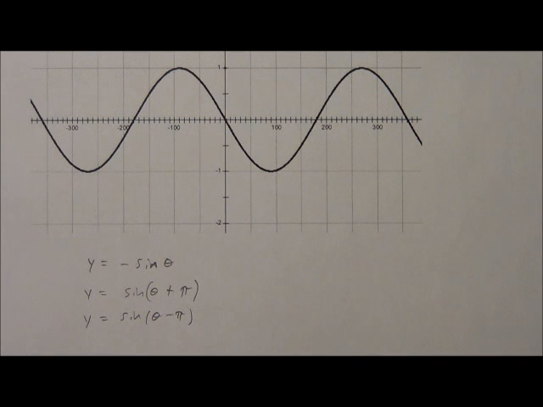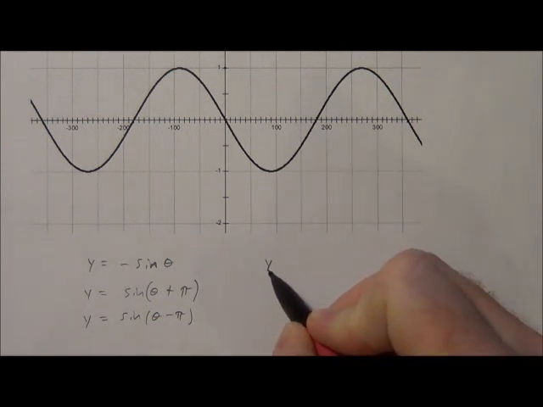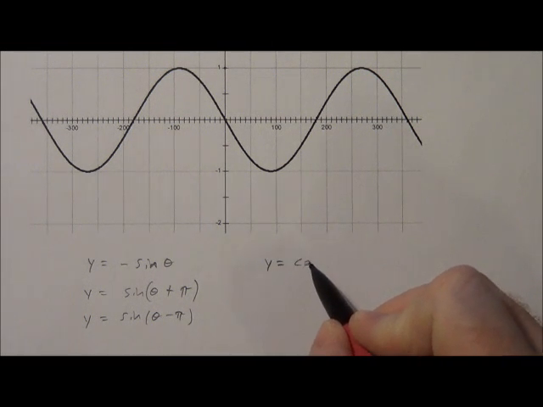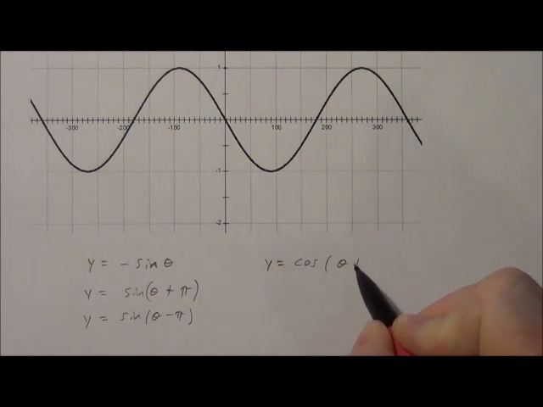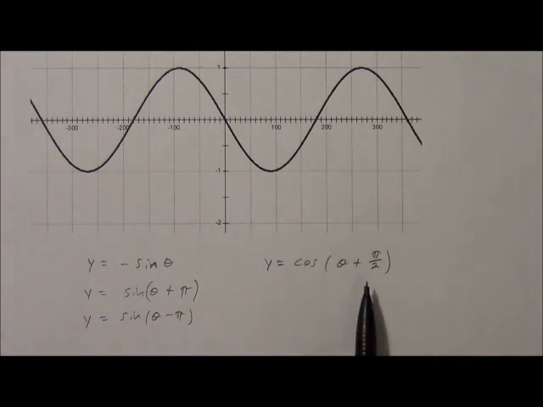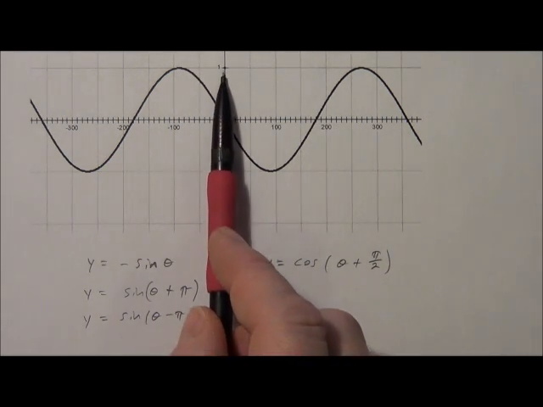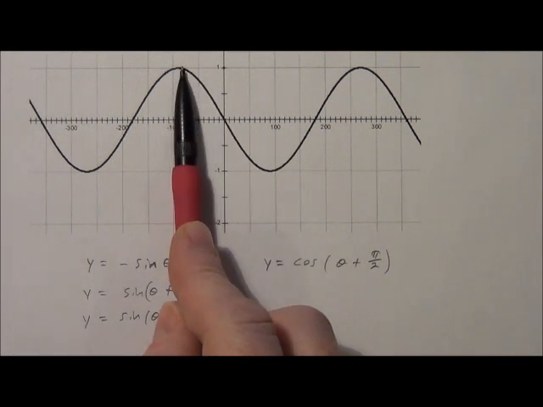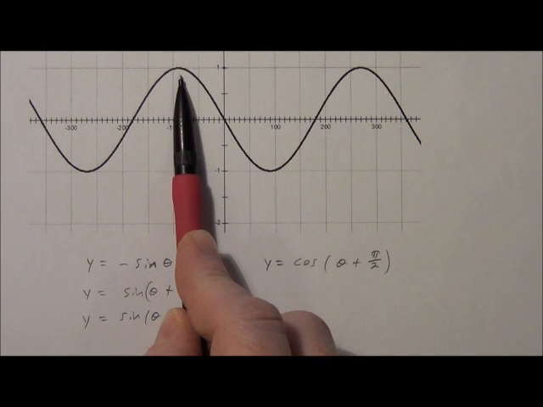Then if we look at it as a cosine function, what would happen here? So we got y equals, just for example, cosine of theta plus pi by 2. That's a phase shift to the left of pi by 2. So cosine would normally start at a value of 1, but it's been shifted to the left pi by 2, so that's where it begins there.